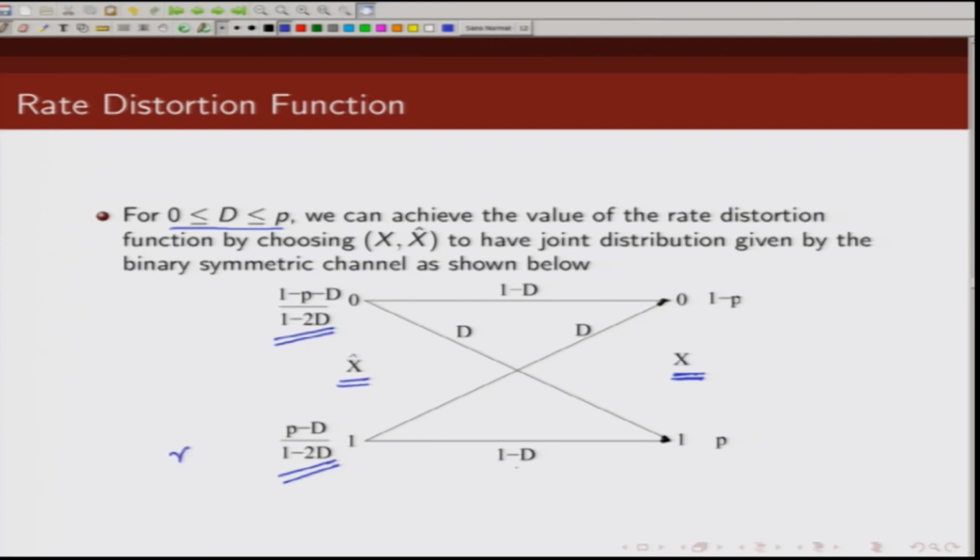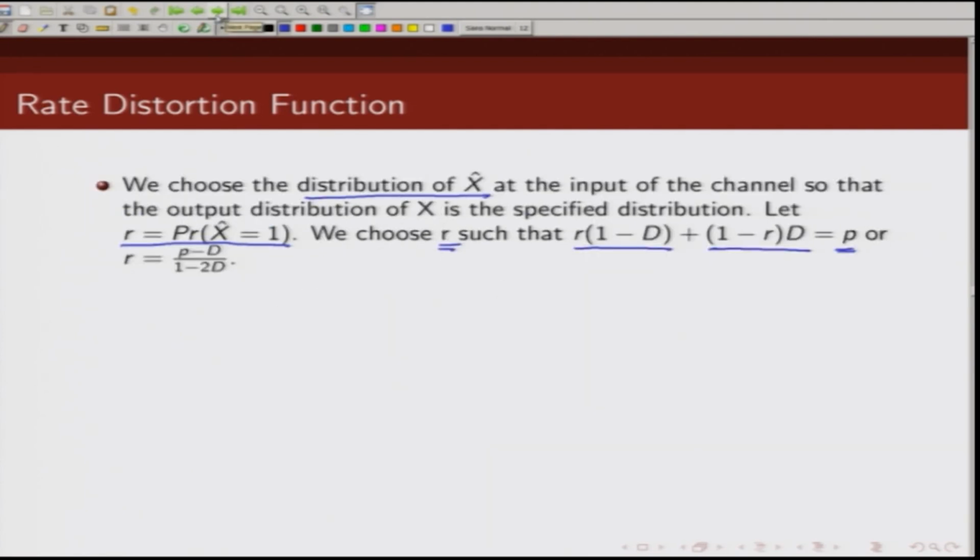So, r times 1 minus d plus 1 minus r times d has to be p. If I do that, I get this input distribution on x hat. So, probability of x hat being 1, I get as p minus d divided by 1 minus 2 times d.